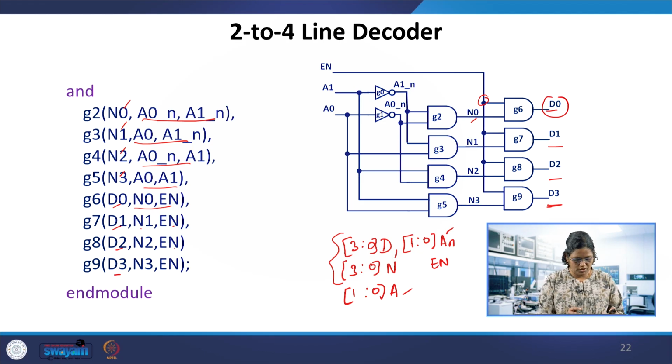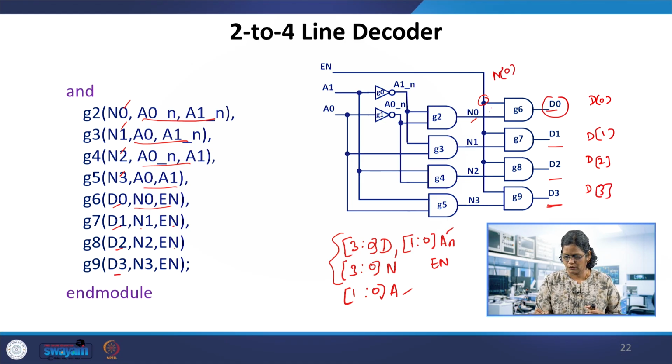So the instantiations we have combined, and in this I have not shown the multi-bit vector. It is possible to make this D of 0, D of 1, D of 2, and D of 3 as well. Similarly, N of 0, N of 1, N of 2, and N of 3.